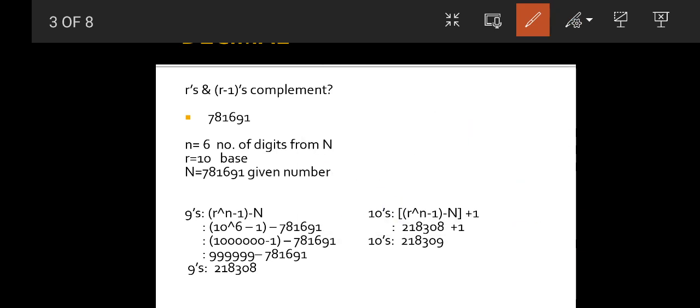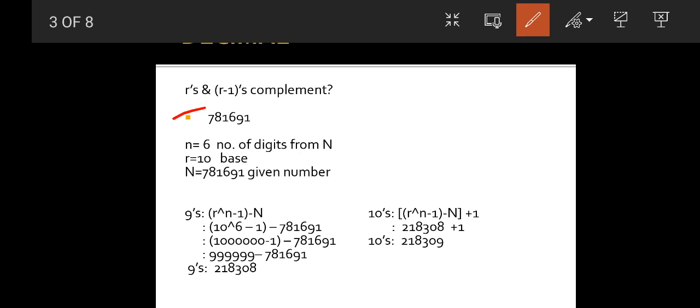Again, you have to get the r's complement and the r minus 1's complement using the decimal system, so your base 10. The given value is 781691.